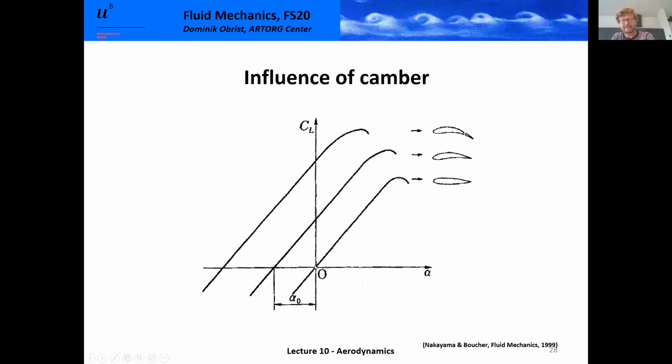It makes sense that the symmetric profile goes through the origin, because at 0 angle of attack, the upper side and the lower side look exactly the same, so there's no lift resulting from that. Whereas a strongly cambered airfoil creates lift even at 0 angle of attack.